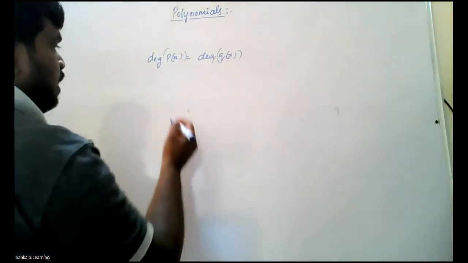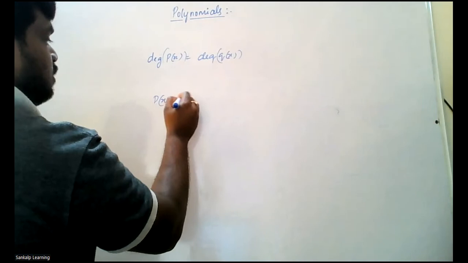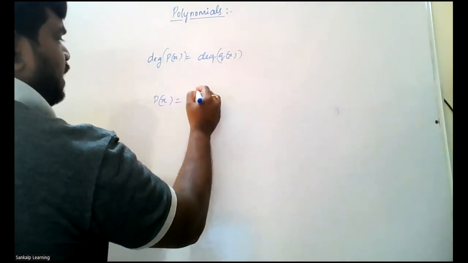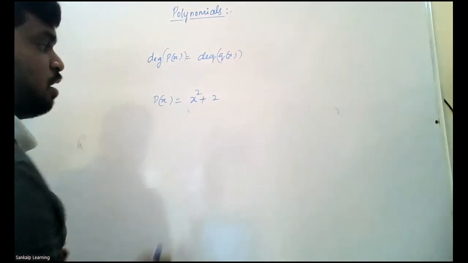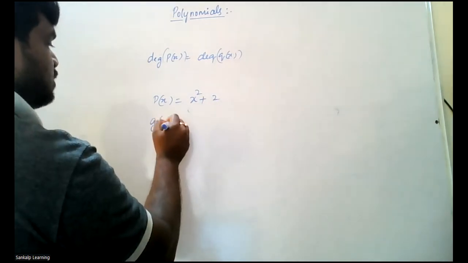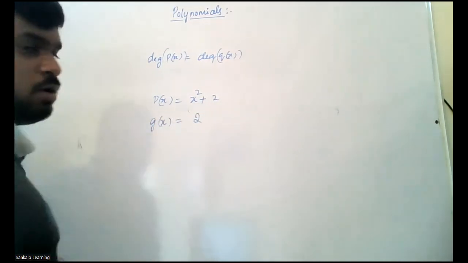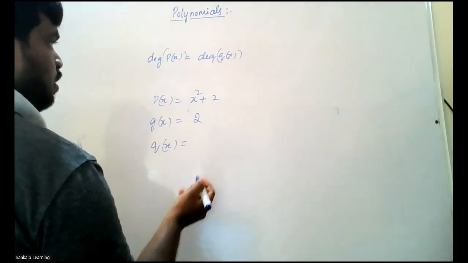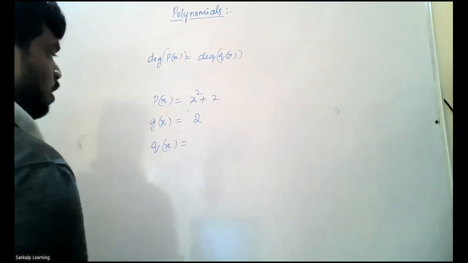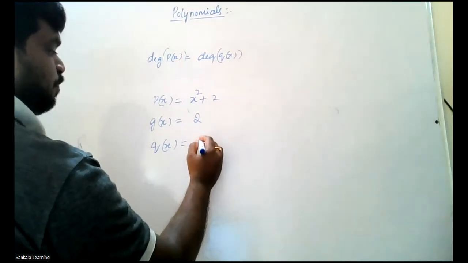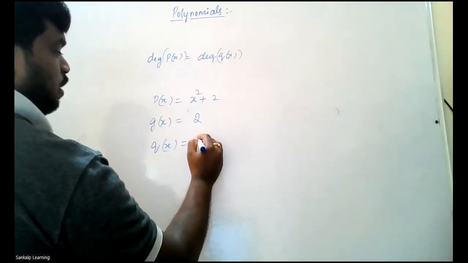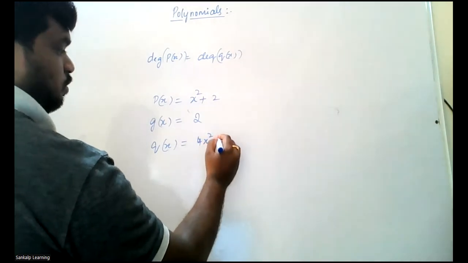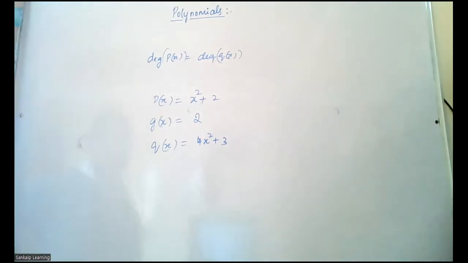For example, let's say p of x is anything. Let's simply take it as x squared plus 2, and you take g of x as 2. Okay, and your q of x will be, let's say, 4x squared plus 3.